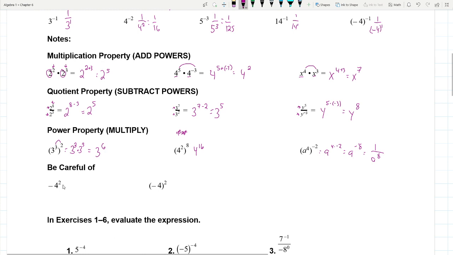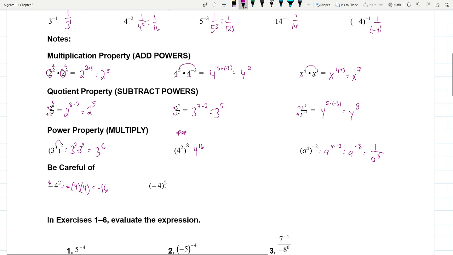The difference here is this negative isn't being influenced by this squared. So it's completely separate of it. And so I go negative, and then I do 4 times 4. And so this gives me negative 16.